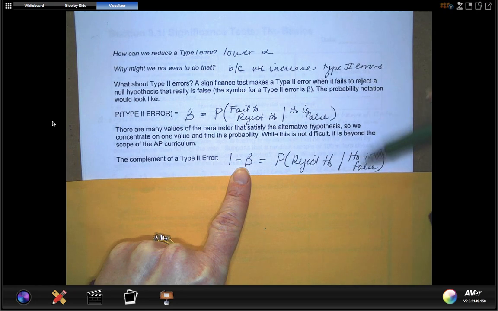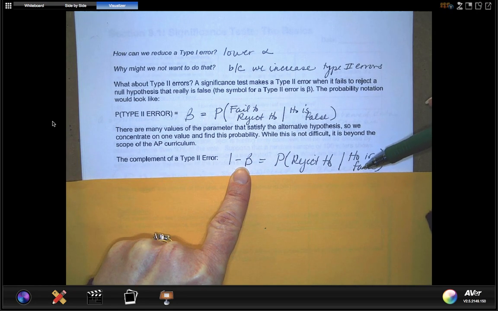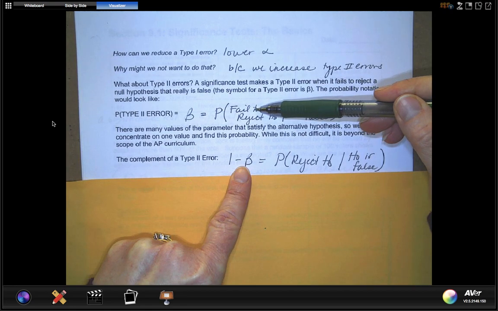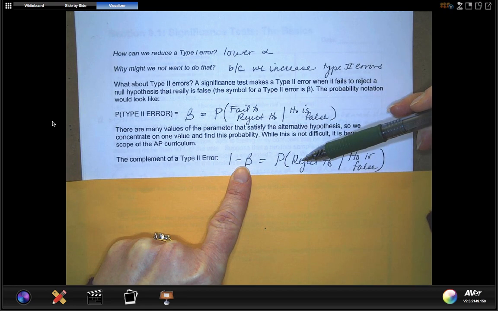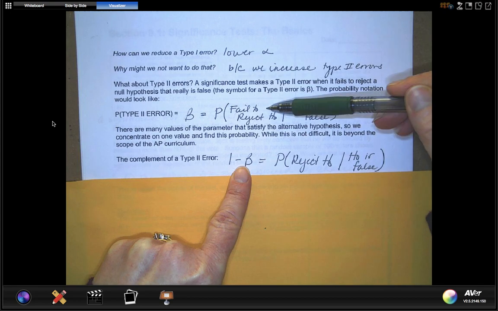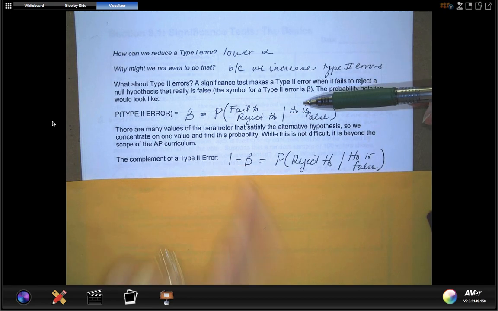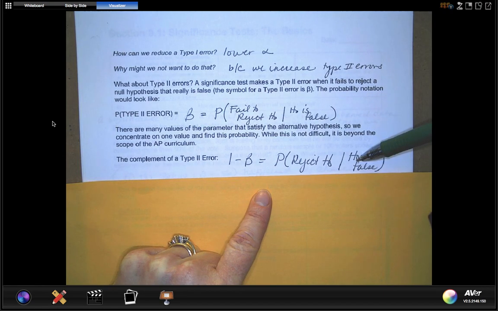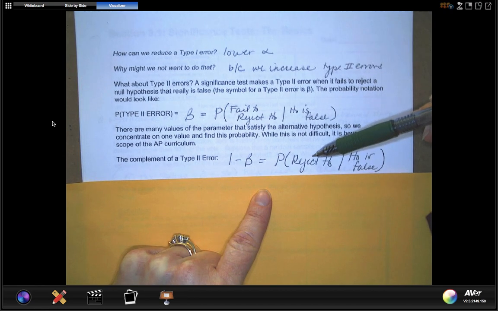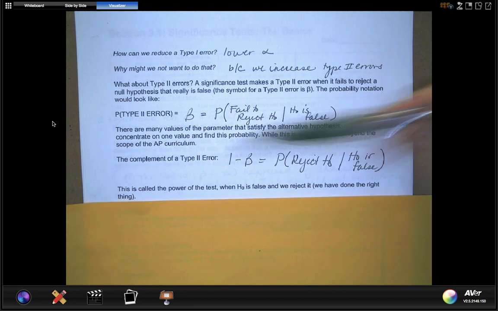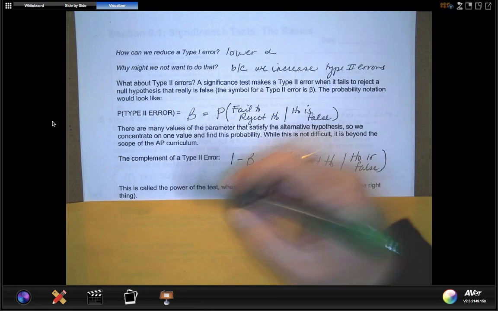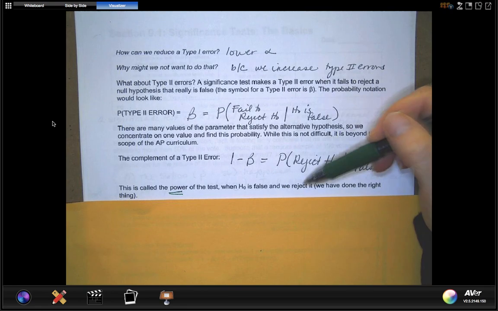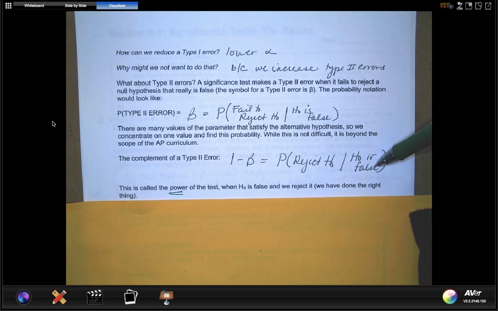Given that the null is false, I have two options: I fail to reject, or I reject. If the null is false and I fail to reject, that's a bad thing. That's my type 2 error. If the null is false and I reject it, that's a good thing. I've done the right thing. That's called power. That's how good your test is at rejecting when it should be rejecting.